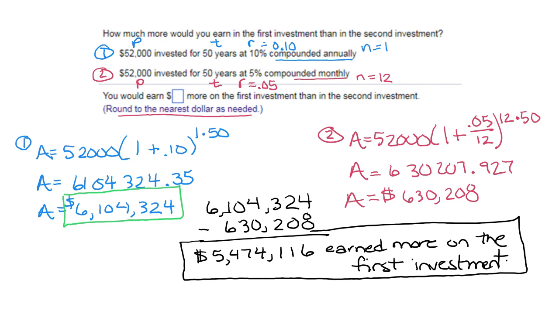If you are compounding at 5%, even though you're compounding monthly, which is a much smaller interest rate, you only earn this amount. And I say only, that's still a lot of money. But then we have to subtract to find the difference between the two, and you have $5,474,116 more on the first investment.